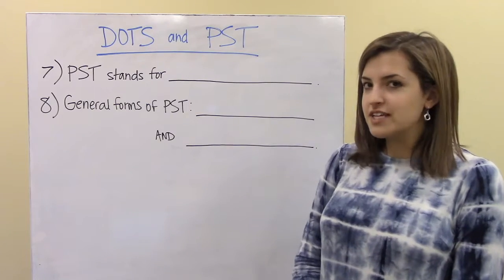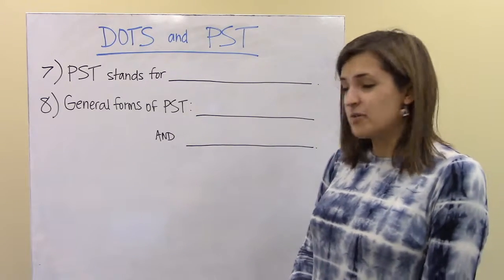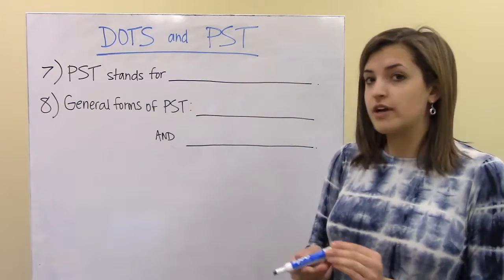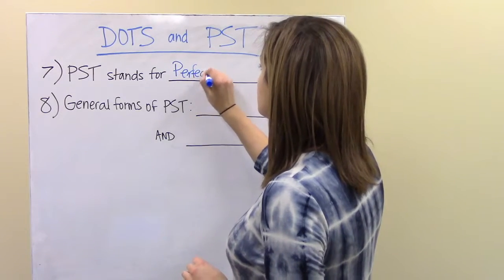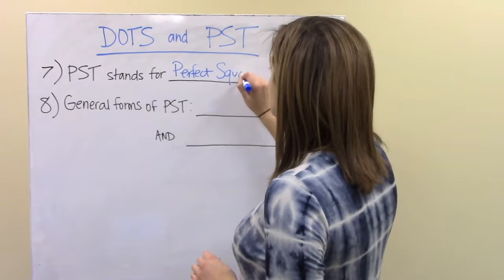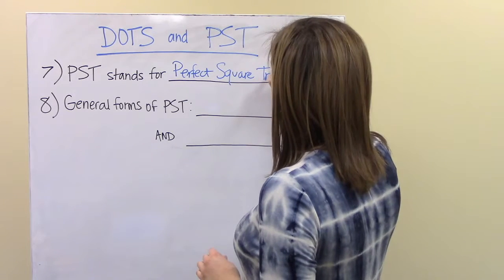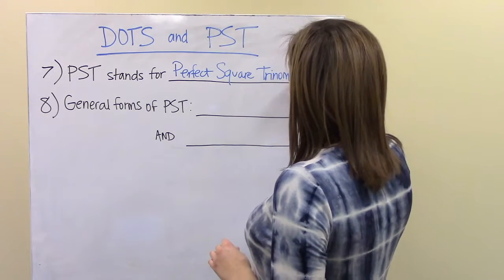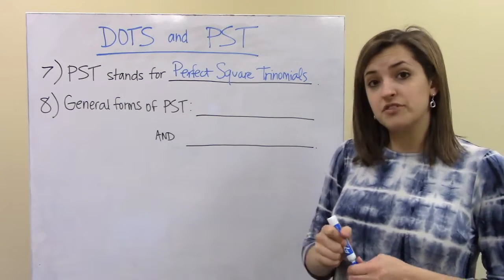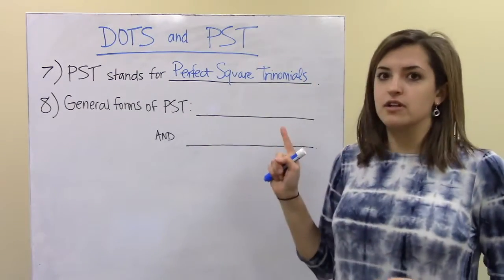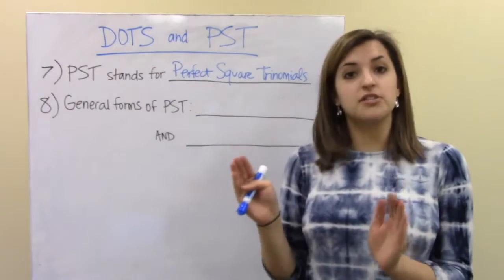Okay, so our other technique is called PST, or perfect square trinomials. If you remember, from Unit 7, we talked about polynomials, and a trinomial is a polynomial that has 3 terms.